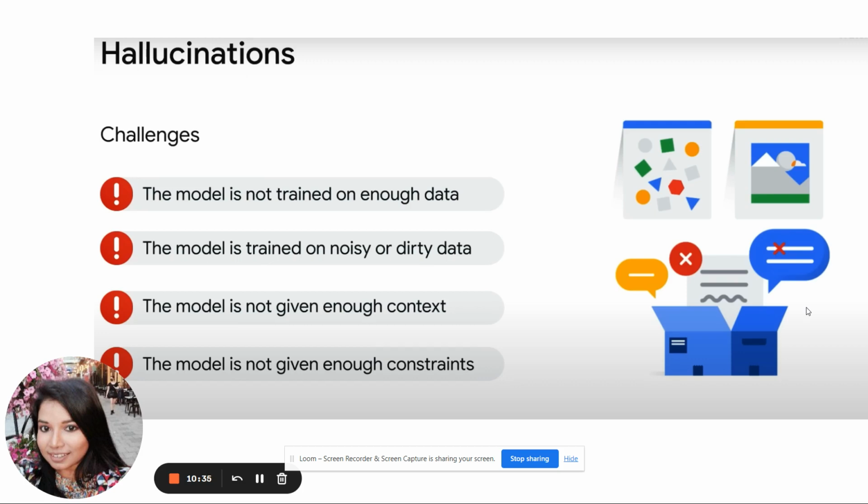Also maybe you provide noisy or dirty data, and sometimes the model is not given enough context. This is not about the training part, this is about when you are writing the prompt. The text, the input we provide to the model, we call a prompt.